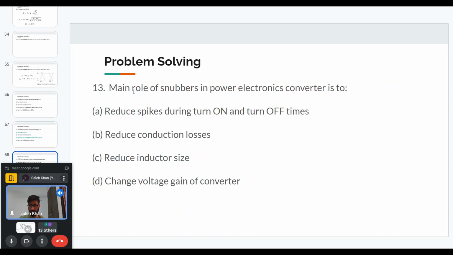Next, we have the question that the main role of snubbers in power electronics converters is to, and we have different options: to reduce the spikes during turn on and turn off, to reduce the conduction losses, to reduce the inductor size, or change the voltage gain of the converter. What do you think is the answer?